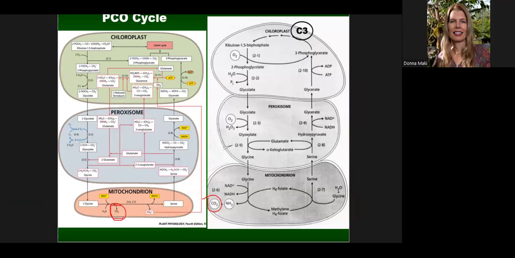So far, I haven't really seen anything that jumps out at me to convince me. And like I said, if you run controlled studies in the lab where you force a plant to do the PCO cycle, they do suffer. Their overall growth rate and biomass at the end of the experiment. So in general, we say it's not a good idea to run this frequently from the plant's perspective.